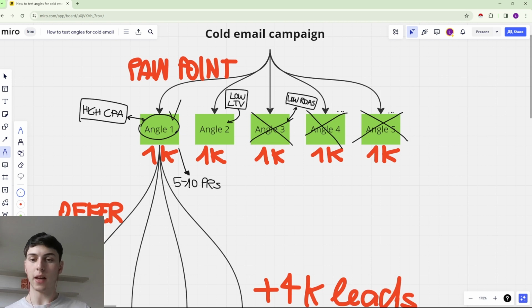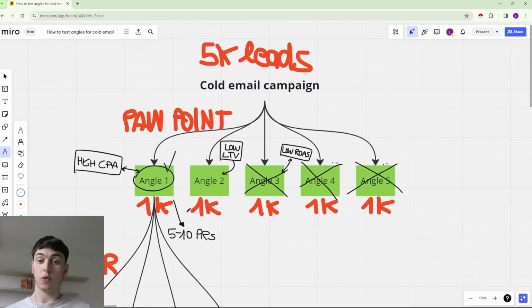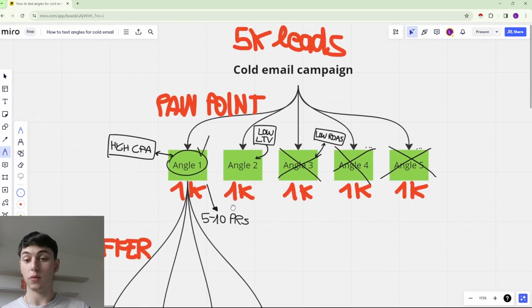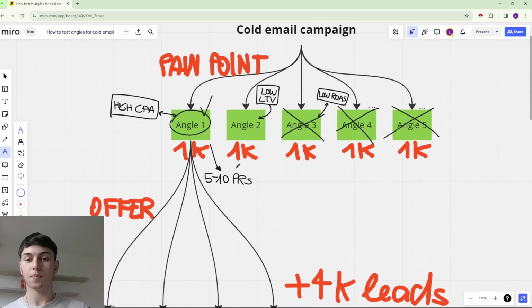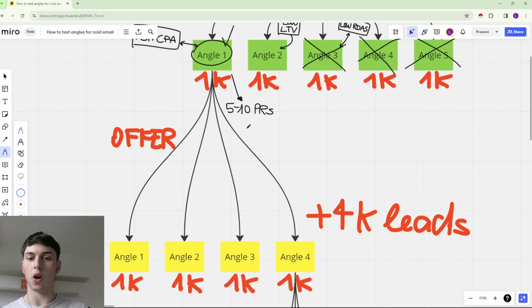So you're going to scale that angle by split testing another variable. What I mean by this is that once you split test the pain point, the problem you're leveraging, you know the problem that works better for the target market, that is most resonating with your target market. Now you're going to test another variable, which in this case might be the offer.